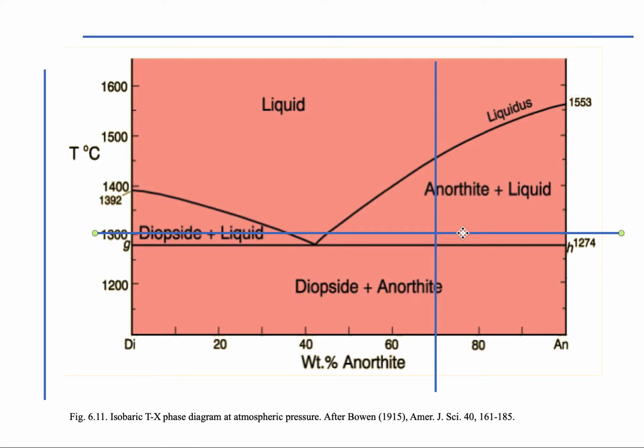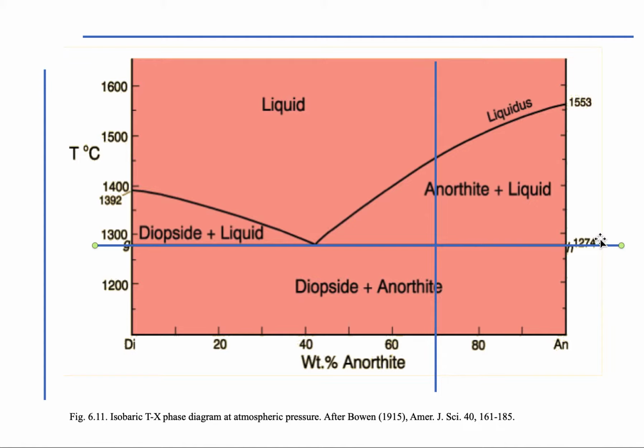We're always in the anorthite liquid field until we finally hit 1274. That's when we finally get the first crystals of diopside to form. So now diopside begins to precipitate from the liquid. If we continue to withdraw heat, the temperature will stay fixed.